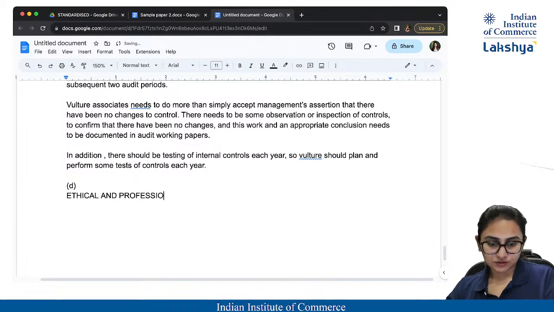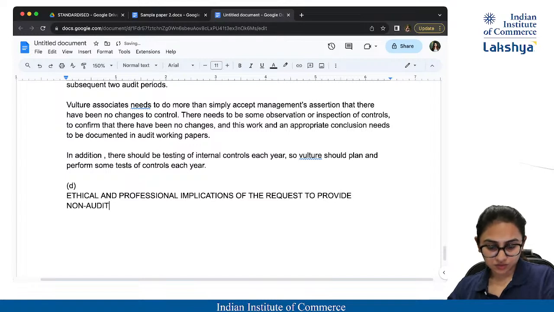Ethical and professional implications of the request to provide non-audit service of the group's integrated report.